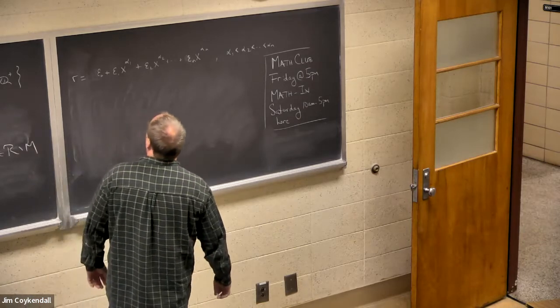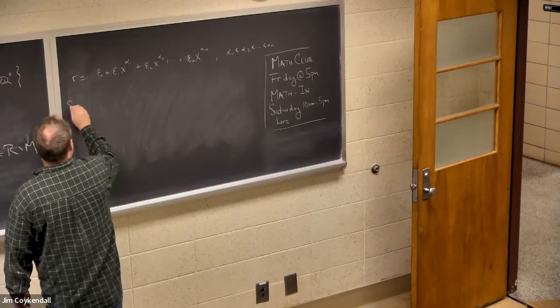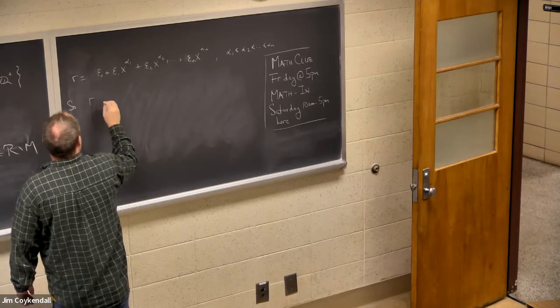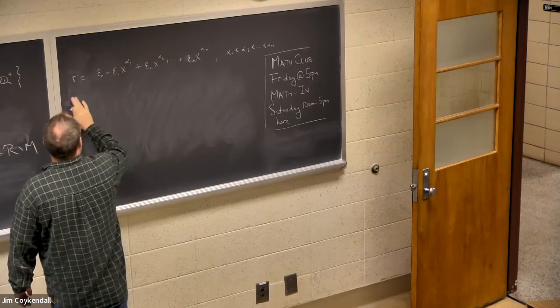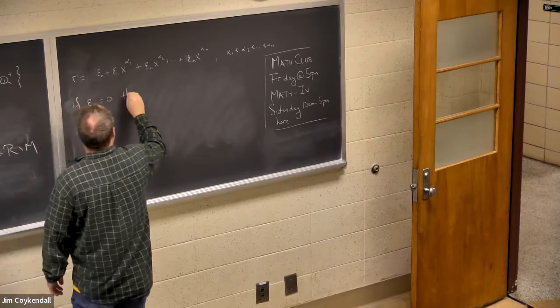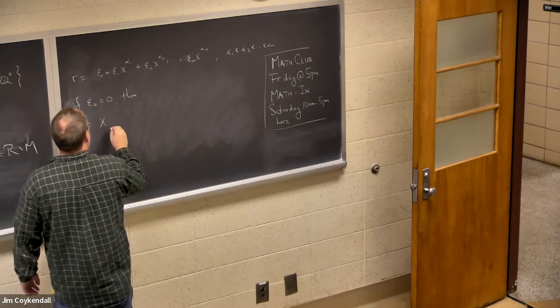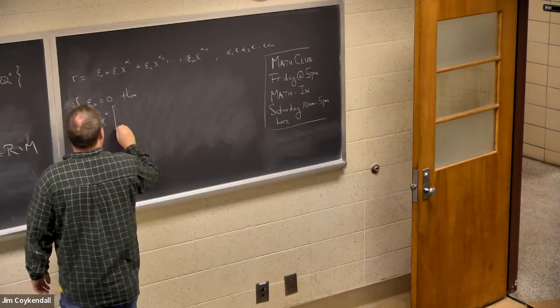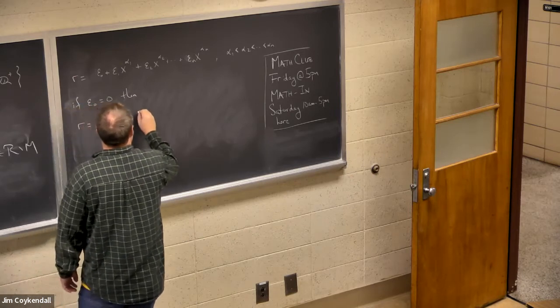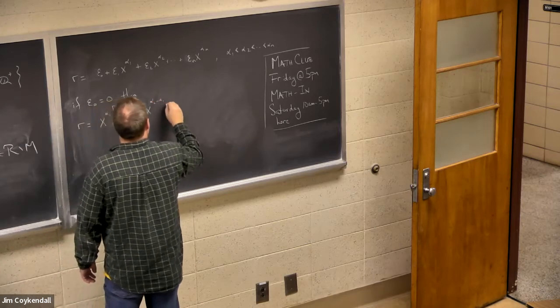And so notice that if epsilon_0 is 0, then R is equal to x^alpha_1 times (epsilon_1 plus epsilon_2 x^(alpha_2 - alpha_1) and so on).